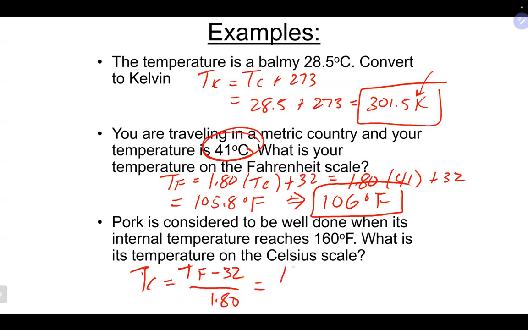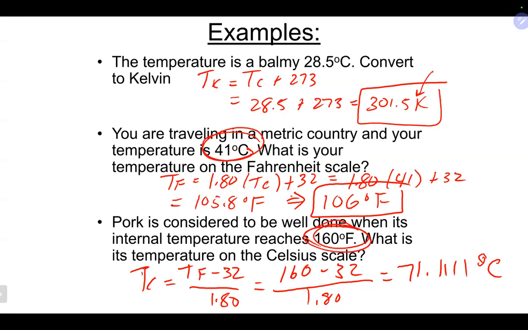That gives us 160 minus 32 divided by 1.8, which gives us like 71.1111 degrees Celsius. Once again, looking at our original number there, it's a whole number, so we would want to take that to 71 degrees Celsius. Any questions on any of those there?